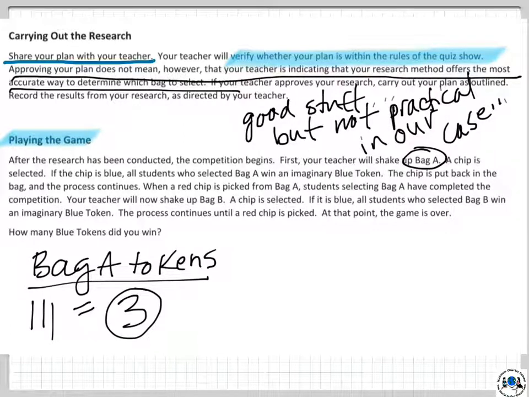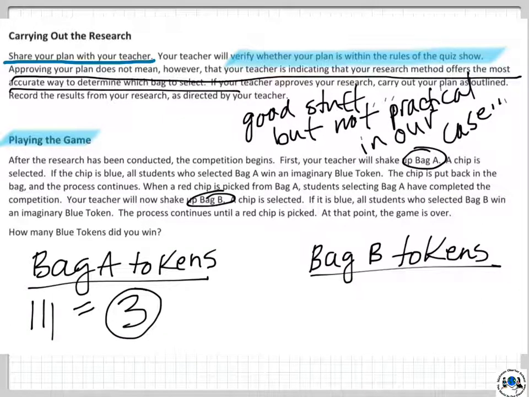Let's see what happens with bag B. Now I have a little place here to record my bag B tokens. Now again, if you chose bag B, you might not be feeling very confident because I picked a red.